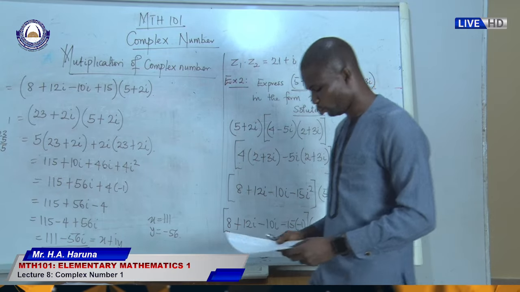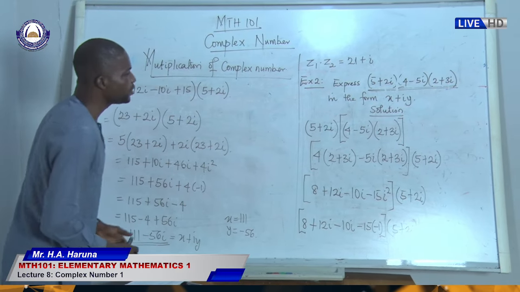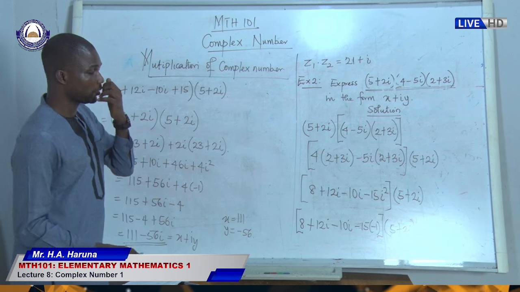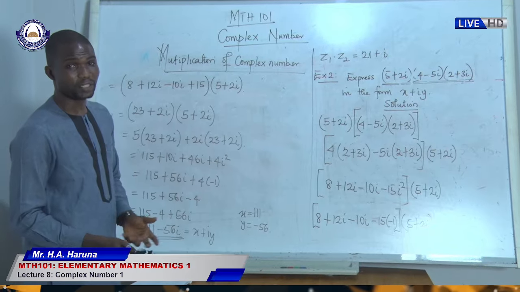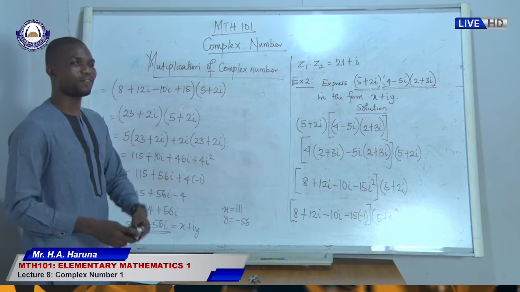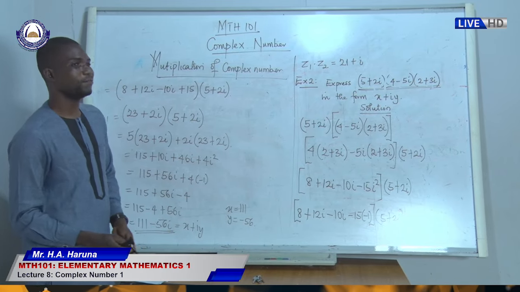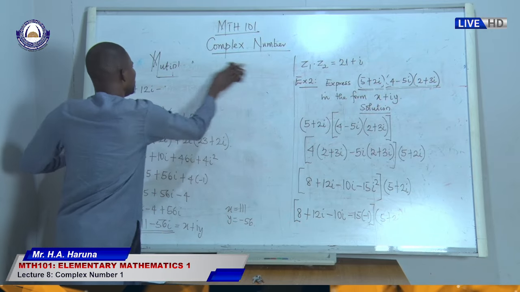We can now go to the conjugate of a complex number. Like we have in surds, when you have a surd as the square root, you rationalize it. And in the process of rationalizing it, you multiply by the conjugate. But in this case, we have a complex number, and then we can have the conjugate of a complex number. What do we mean by that?